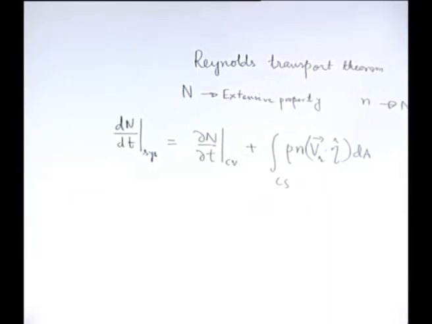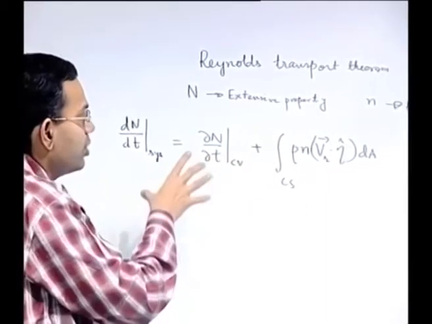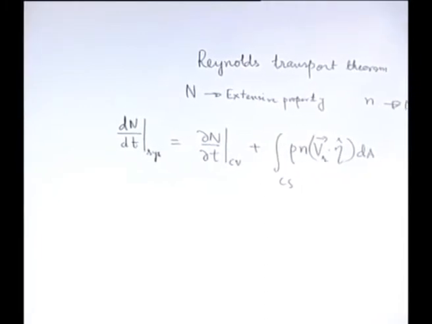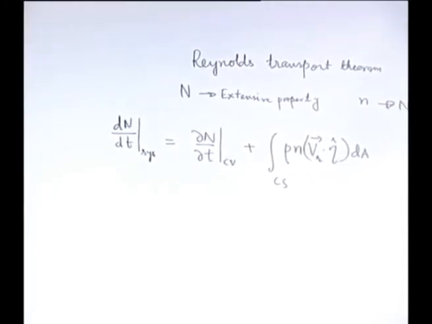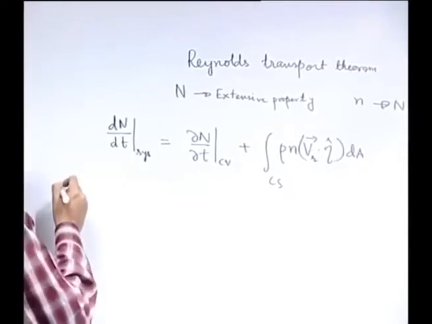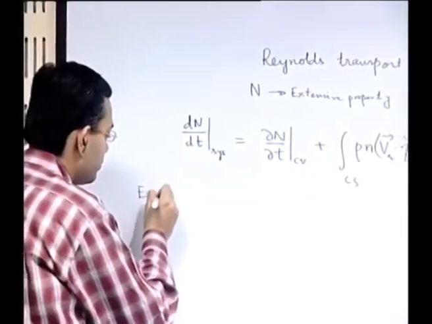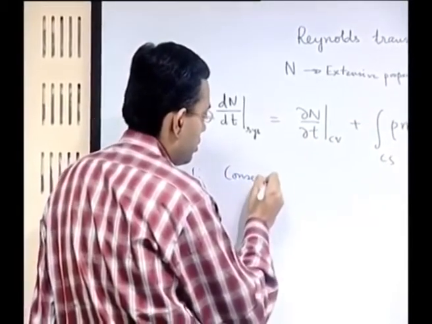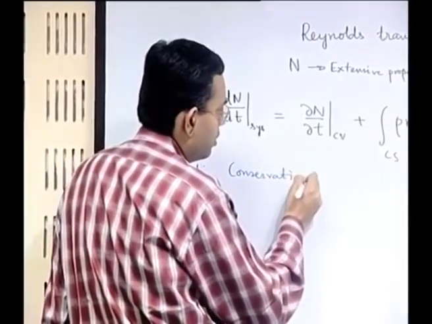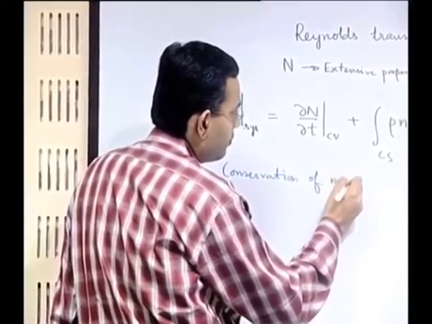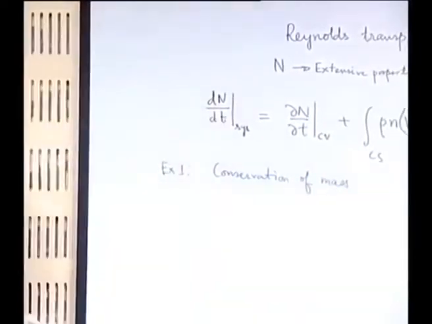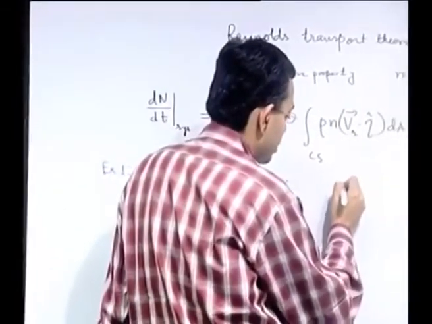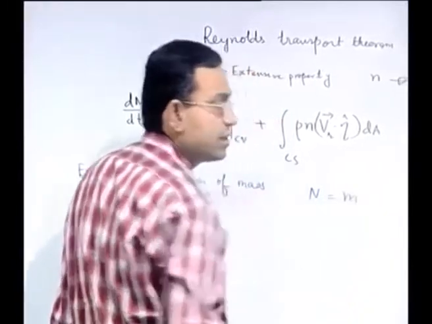Now, if you want to use this particular principle for various conservation laws, let us see what the outcome is. We consider first example, conservation of mass, where capital N is equal to total mass of the system.